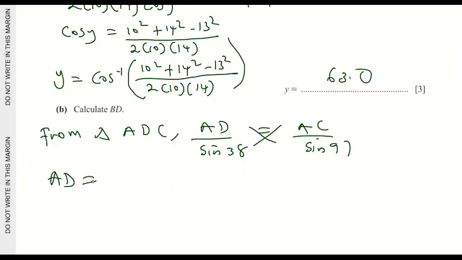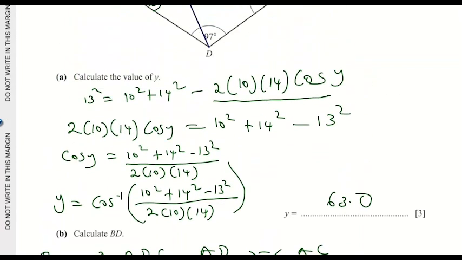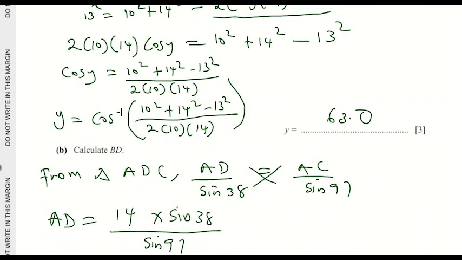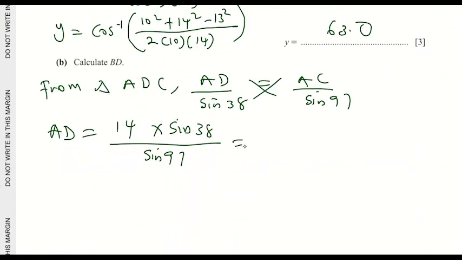AD will be equal to AC multiplied by sine 38 over sine 97. So AC, we know AC, it is 14 centimeters. From here you can see 14 centimeters. So if you input this into your calculator, AD should be equal to 8.6840. So this is AD.